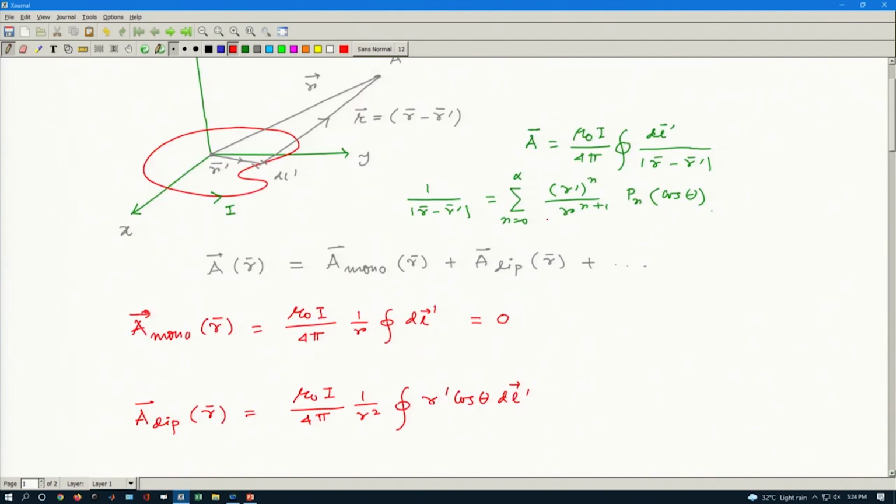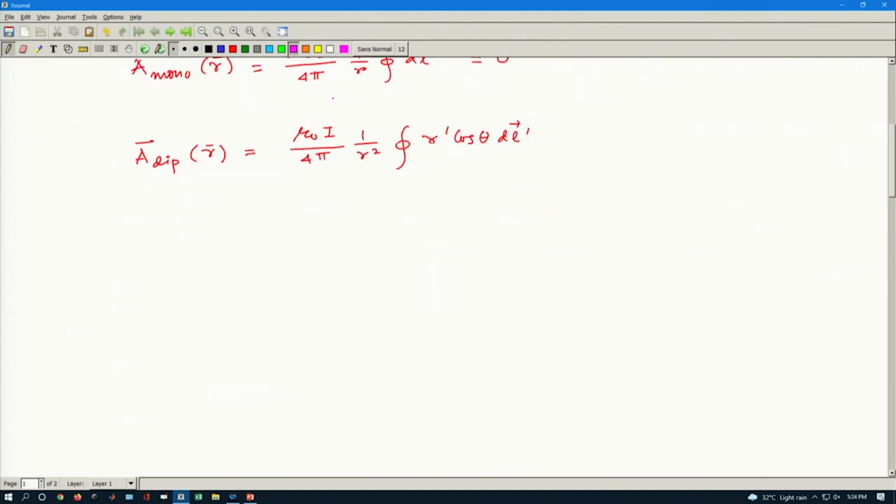So if I consider this angle to be theta, then what we can get from here is mu 0 I divided by 4 pi, 1 divided by r square, and then I can write it as r prime vector dot unit vector r, and then dl prime.